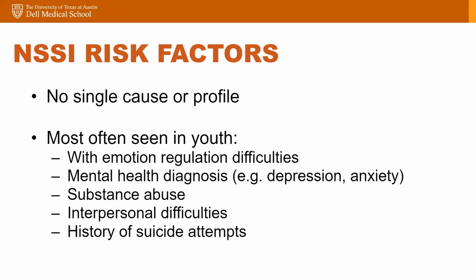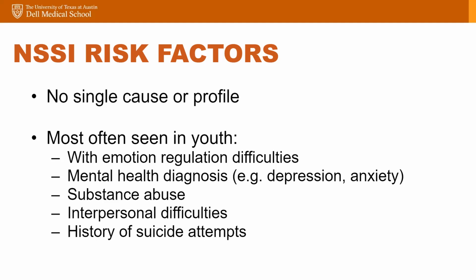More specifically, one of the most common and consistent findings is the presence of emotion regulation difficulties, basically difficulties managing strong emotions or having emotions rise in intensity very quickly, which is often seen among youth who self-injure. Similarly, many youth who self-injure also report higher rates of mental health difficulties or a mental health diagnosis. So things like anxiety, depression, post-traumatic stress disorder, and substance use tend to be common among these youth.